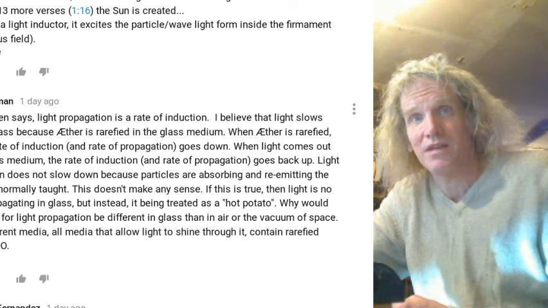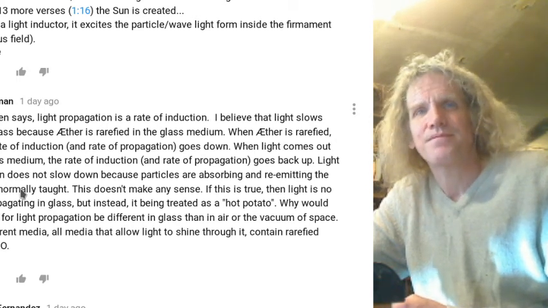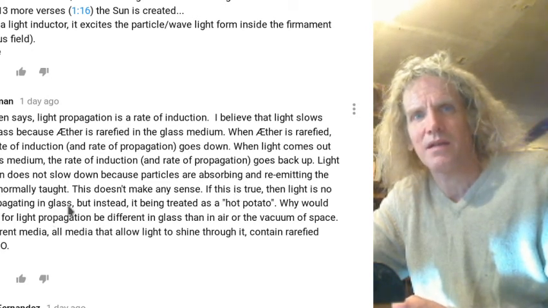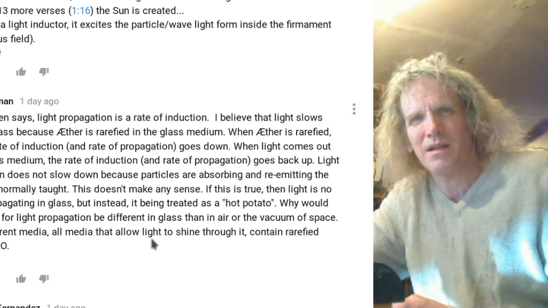Propagation, rarefication. Doesn't make any sense. If this is true, then light is no longer propagating in the glass, but instead is being treated as a hot potato. Why would the reason for light propagating be different in glass than in air or the vacuum of space? All transparent media, all media that allow light to shine through, contain rarefied ether.